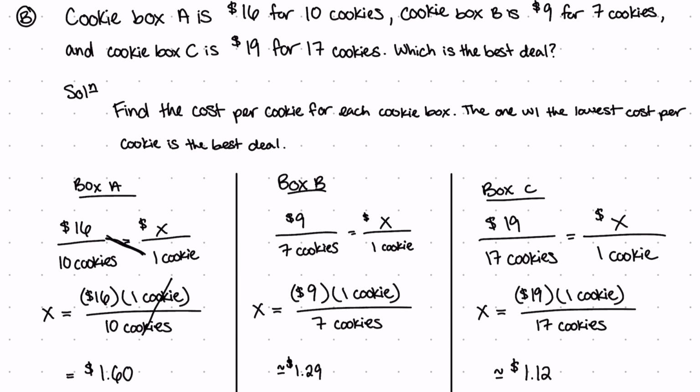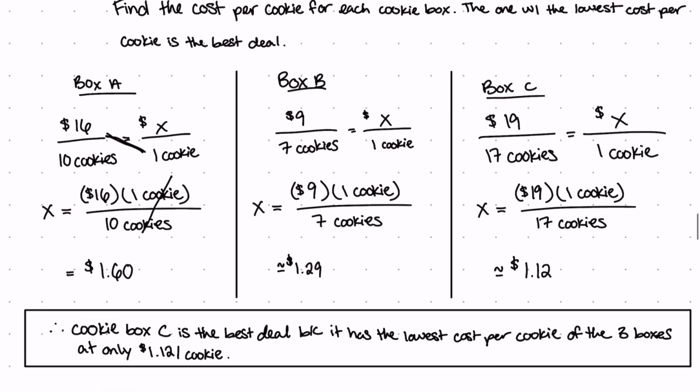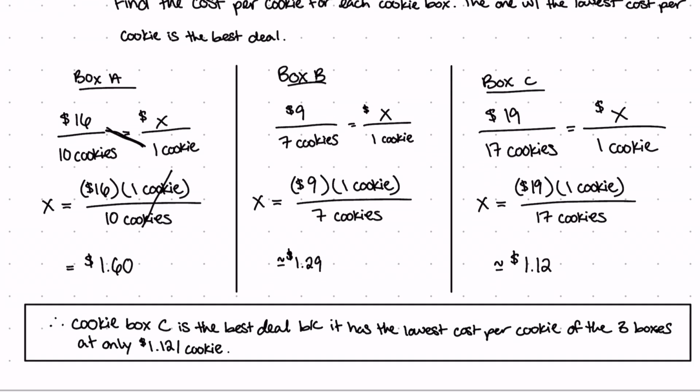Now do the same thing for box B and do the same thing for box C. And we're left with about $1.60 per cookie for box A, $1.29 per cookie for box B, and $1.12 per cookie for box C. So obviously box C is the cheapest per cookie. So therefore, cookie box C is the best deal because it has the lowest cost per cookie of the 3 boxes at only $1.12 per cookie.